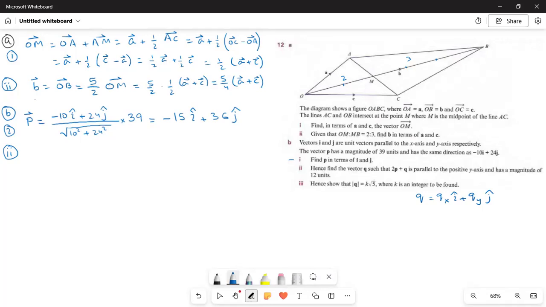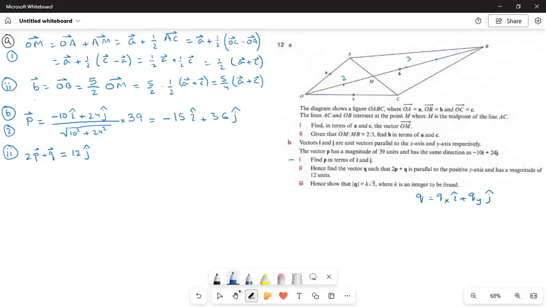Okay, so anyway, we are given that the 2p plus q vector is parallel to the y-axis and has a magnitude of 12 units. So this must be something like 12j. Make sense? Okay, 2p plus q vector is parallel to the positive y direction, so it is plus j, and it has a magnitude of 12.